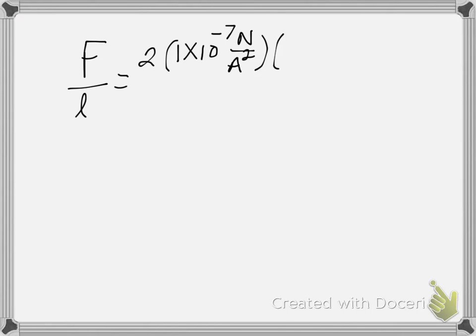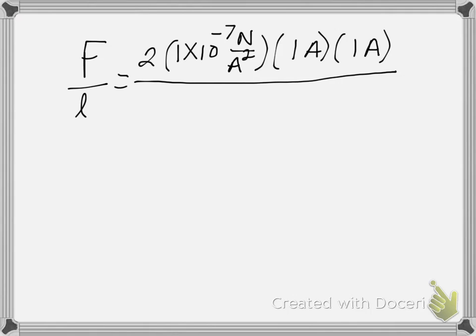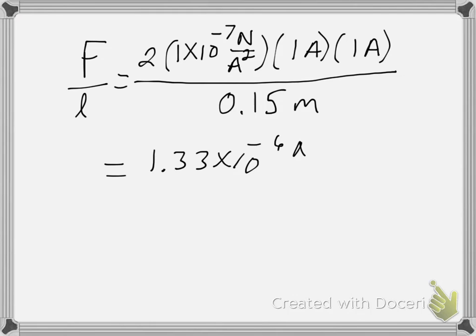And so I1 was 1 amp, and I2 was 1 amp, and the distance between them was 15 centimeters, or 0.15 meters. When we plug all this into our calculator, we get a final force per unit length of 1.33 times 10 to the negative 6th newtons per meter, which is a unit of force and a unit of length.